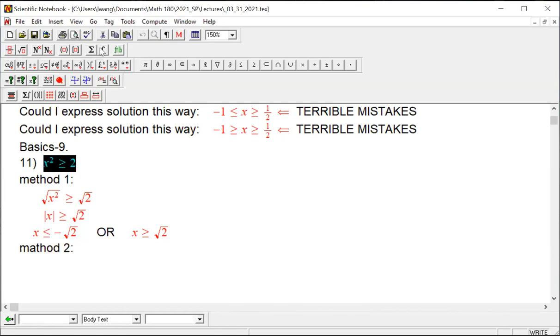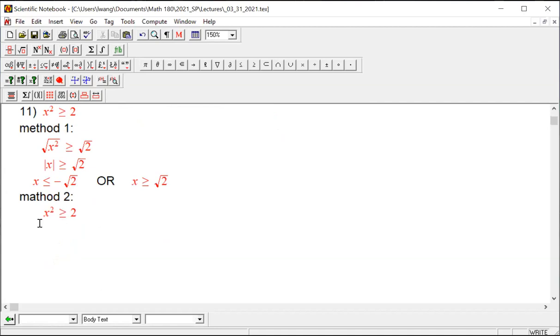Making 0. Why not? So we have x squared minus 2 greater than or equal to 0. Can you factor here? Of course you can.